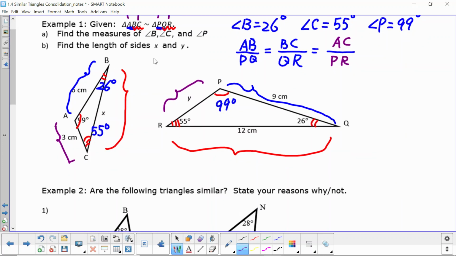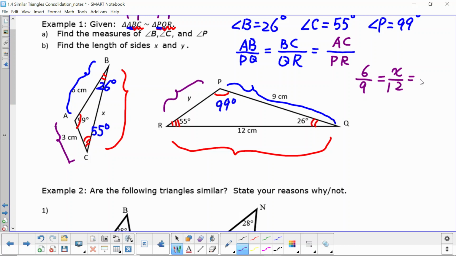So AB equals 6, so it will be 6 over PQ, which is 9. Then that equals BC, which is x, unknown, over QR, which is 12.